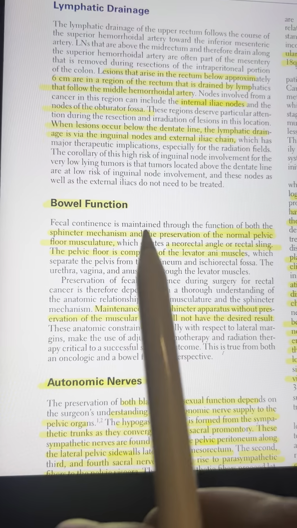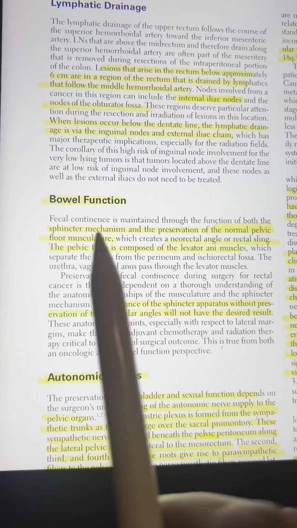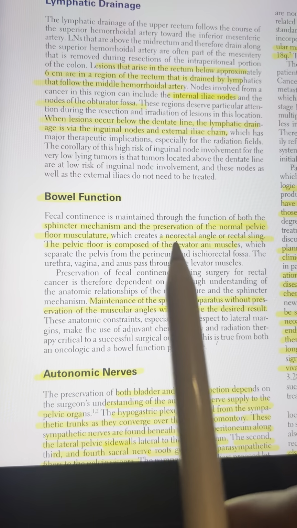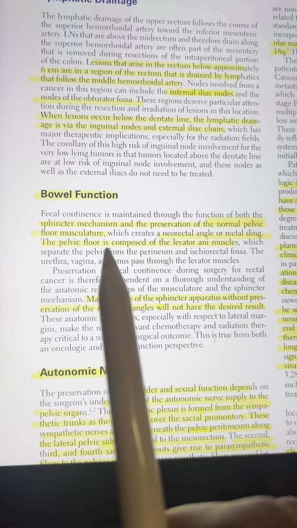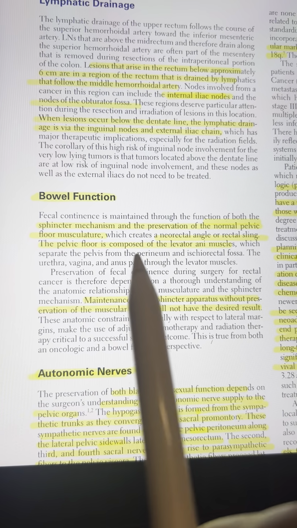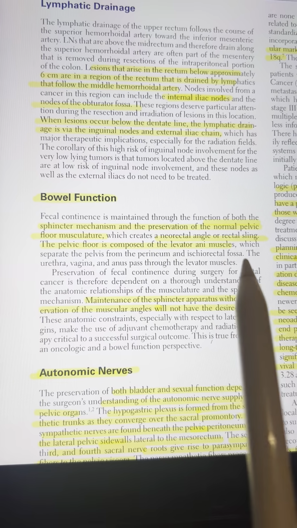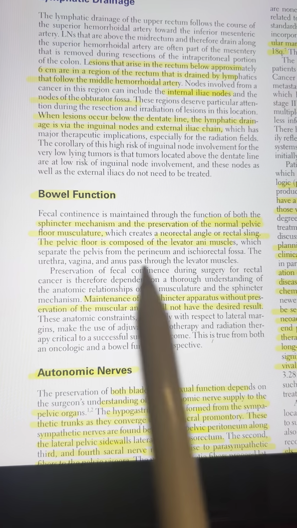Now, bowel function. Fecal continence is maintained through function of both the sphincter mechanism and the preservation of the normal pelvic floor musculature, which creates a neo-rectal angle or rectal sling. The pelvic floor is composed of the levator ani muscle, which separates the pelvis from the perineum and ischiorectal fossa. The urethra, vagina and anus pass through the levator muscle.